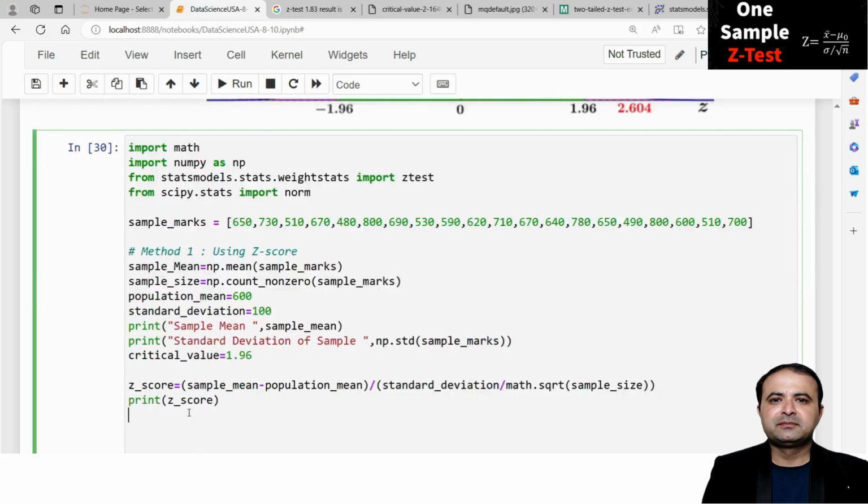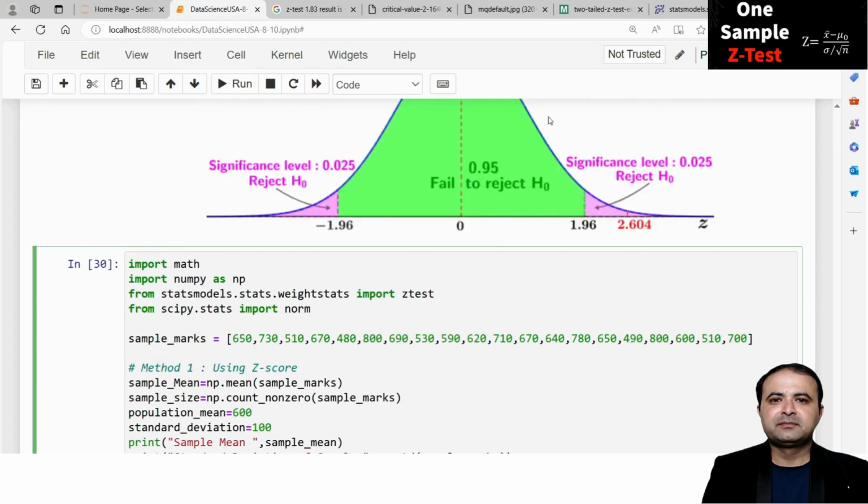So you can check if the Z score is less than the critical value, that means less than this one.